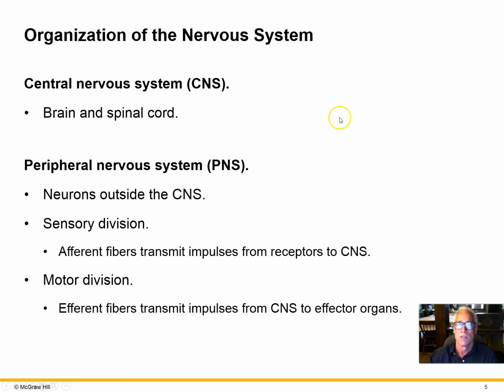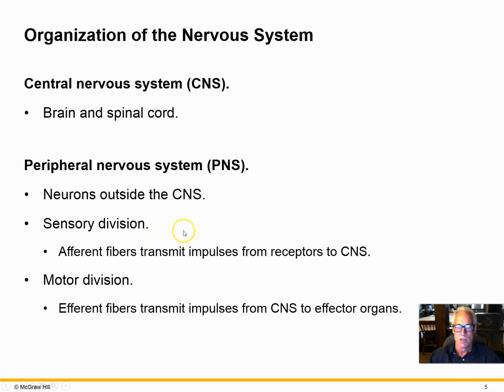So thinking of the nervous system as a whole, we should break it down a little bit, and we can think of the central nervous system as the brain and spinal cord, which then must be attached to the rest of the body in some way, and so all the neurons that connect the central nervous system to the rest of the body is called the peripheral nervous system. So we can further break down the peripheral nervous system into divisions.